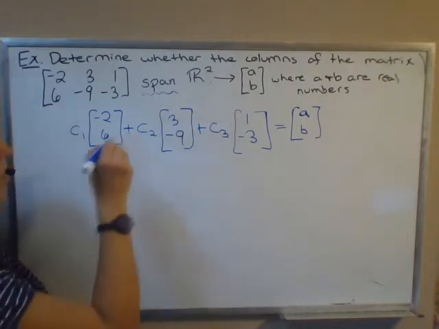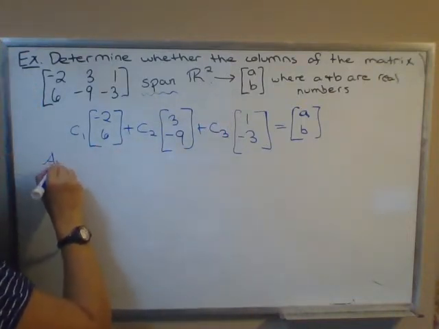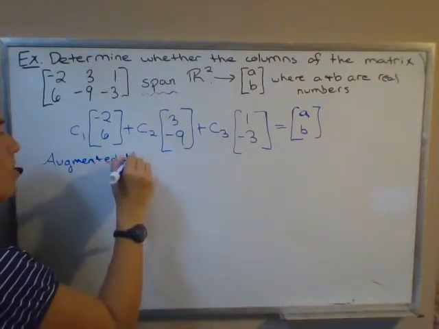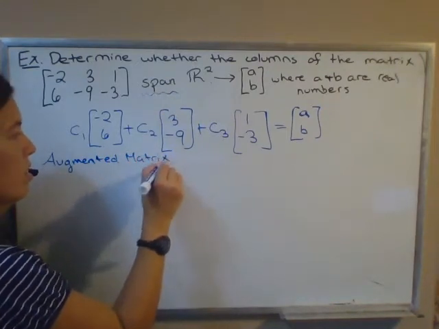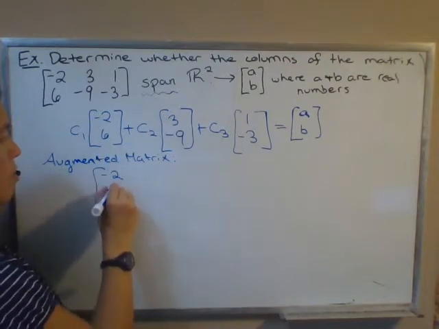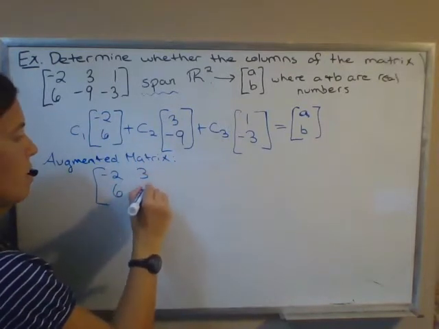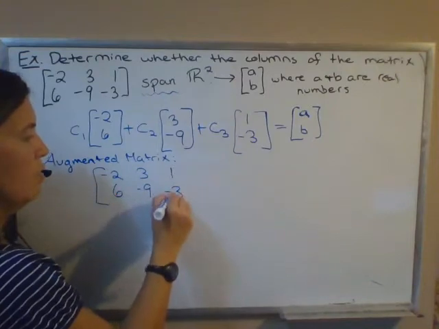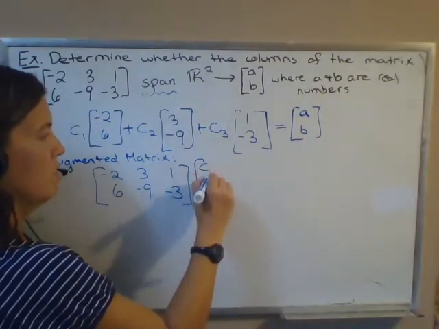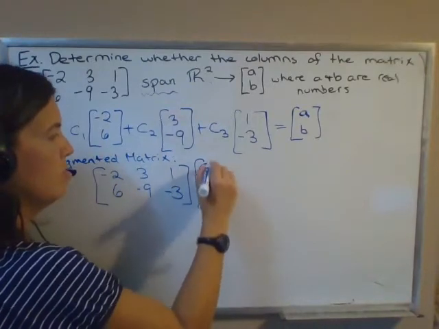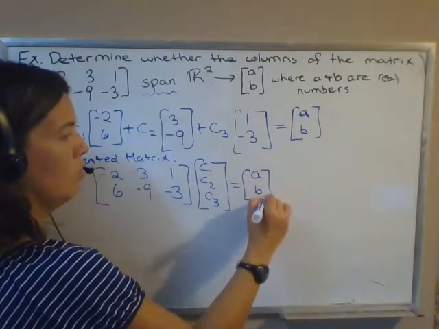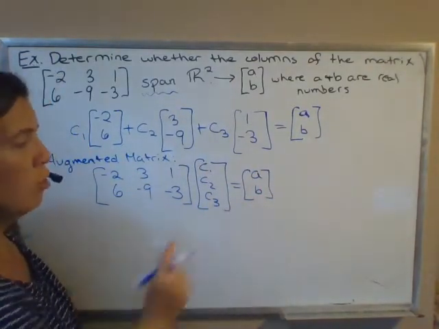This is equivalent to the matrix with columns -2, 6, 3, -9, 1, -3. So we're back to this original matrix here, times the column vector C1, C2, C3 equals just a generic vector in R2, which I'm calling AB.